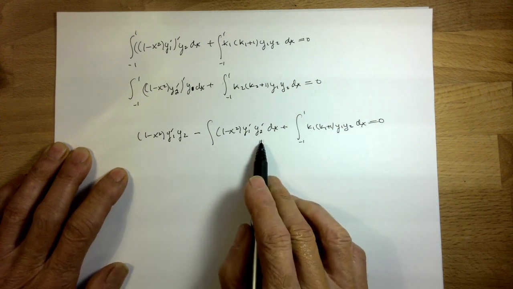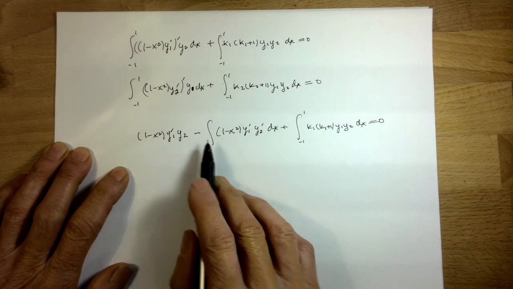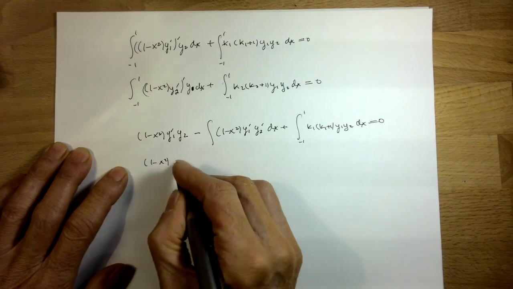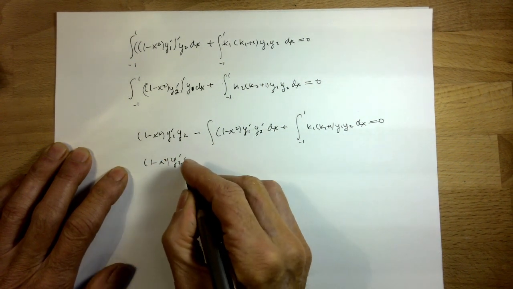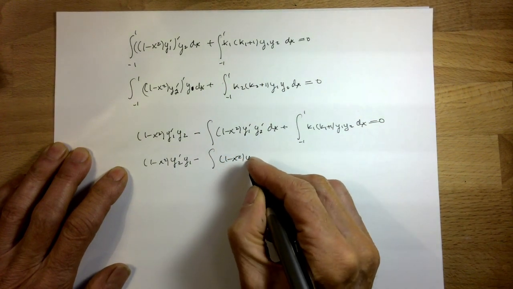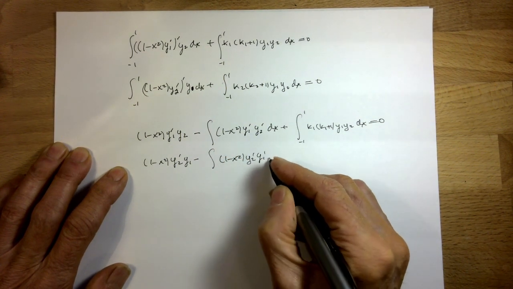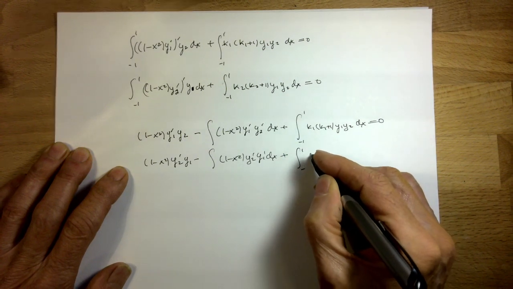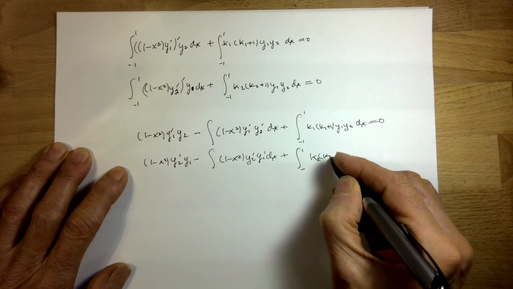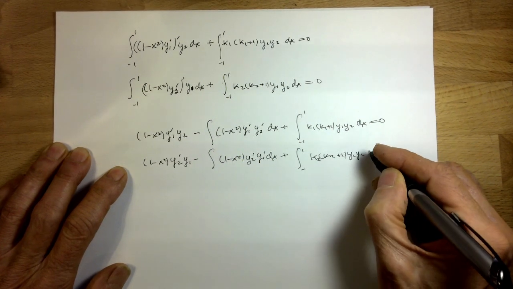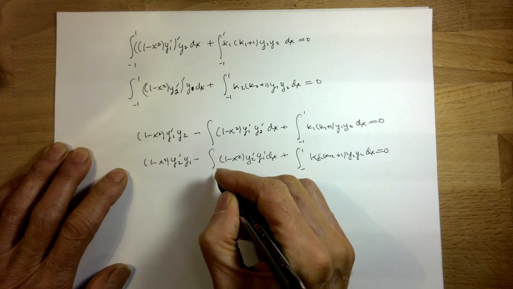So we've integrated by parts. We have a similar one when we take the second: (1 minus x squared) y2 prime y1, minus the integral of (1 minus x squared) y2 prime y1 prime, plus the integral of k2 times (k2 plus 1) y1 y2 dx, equals 0.